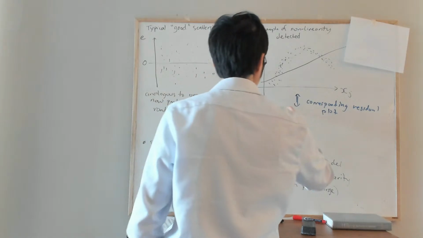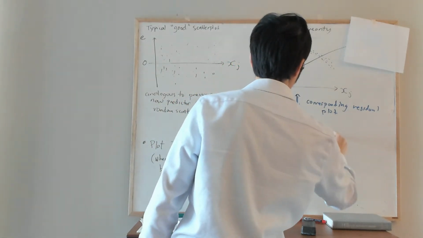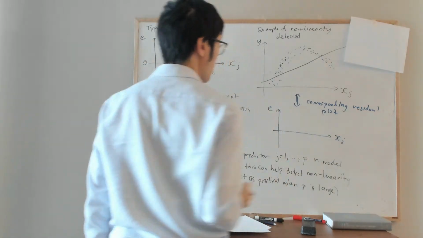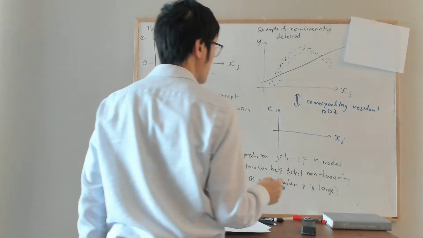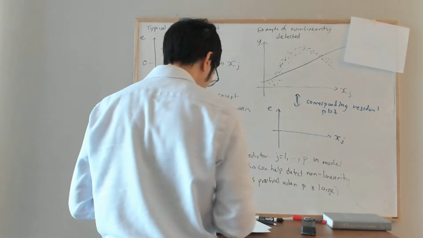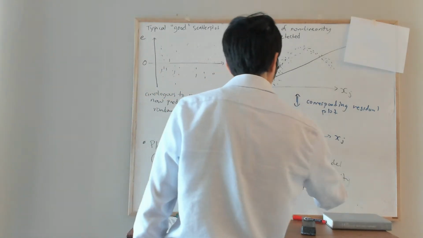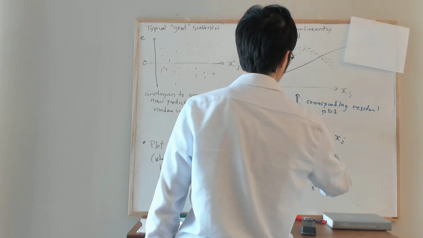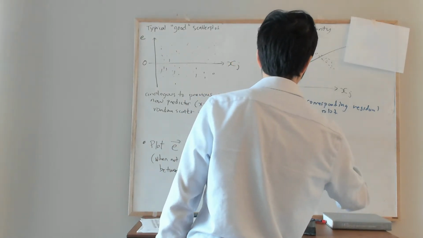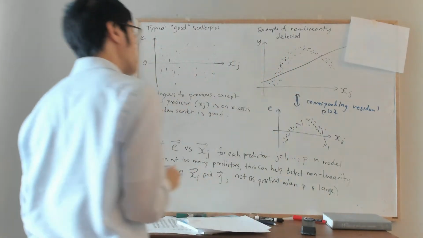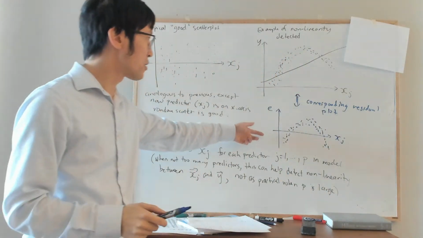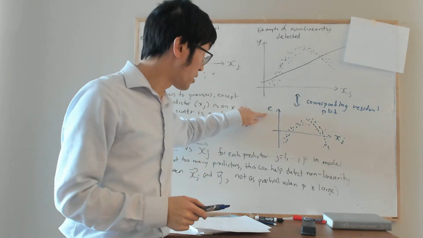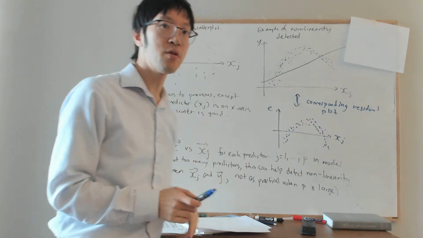So what is this going to look like? Let's draw here. We now plot the residuals as a function of this predictor. Then you're going to have negative residuals, then positive residuals, and then negative residuals. So what we see here is a trend of the residuals as a function of the predictor.